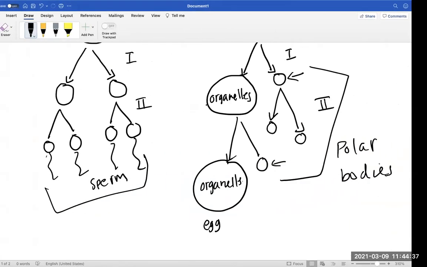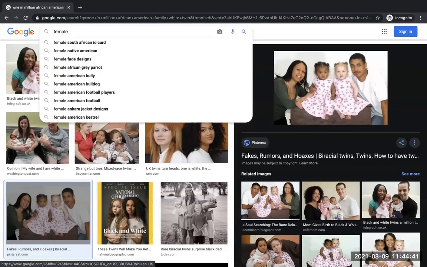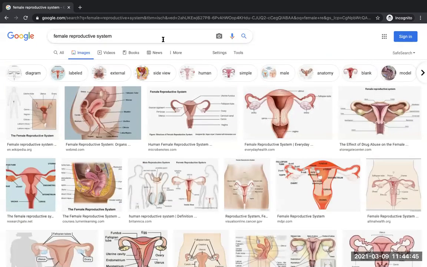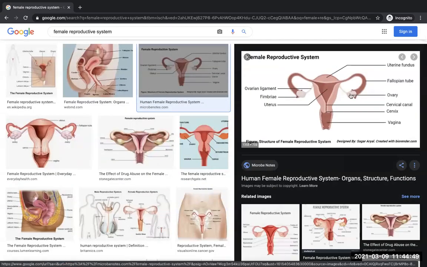If you guys know anything about female anatomy, there are two ovaries. And then the egg releases in the fallopian tube, and then once the sperm fertilizes it, it's gonna set in the endometrium and becomes the zygote and starts to go through cell division.